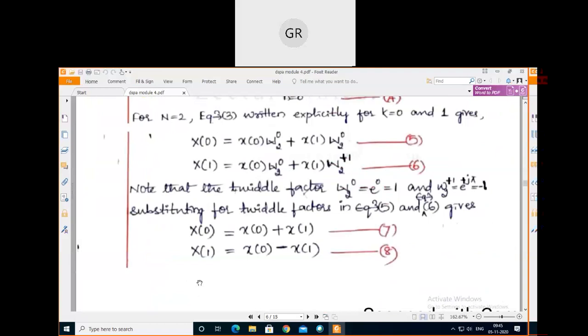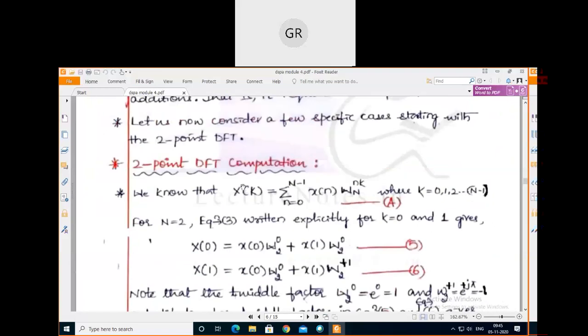After that you can consider this equation. Here we can substitute k equal to 0, k equal to 1, k equal to 2, k equal to 3. Then we will get like this.